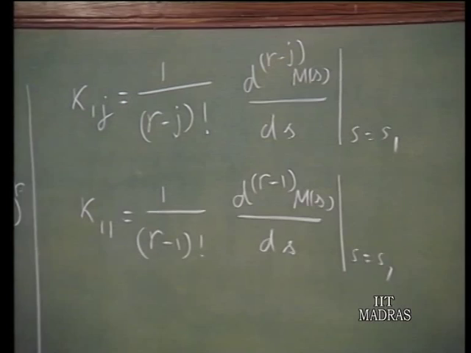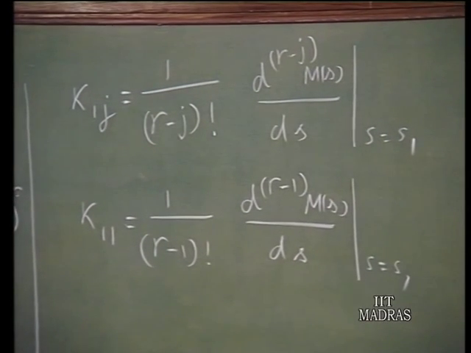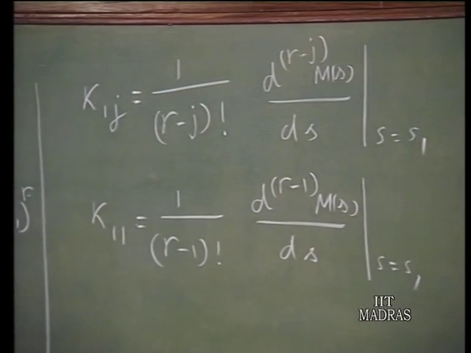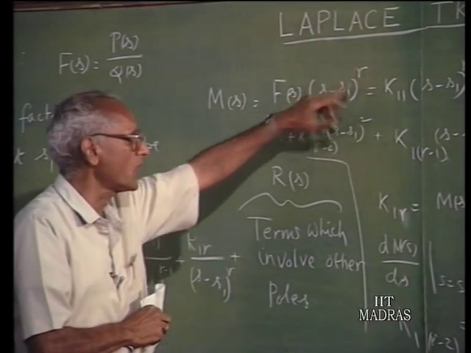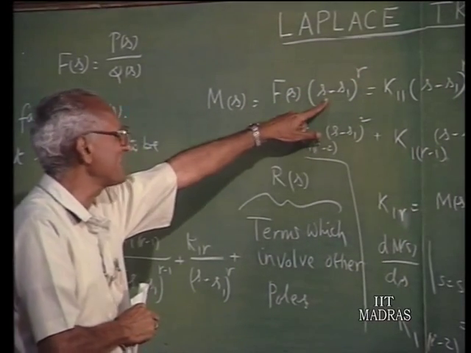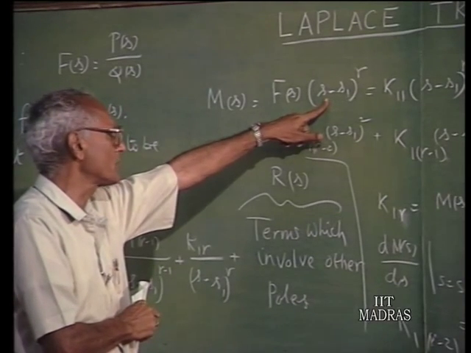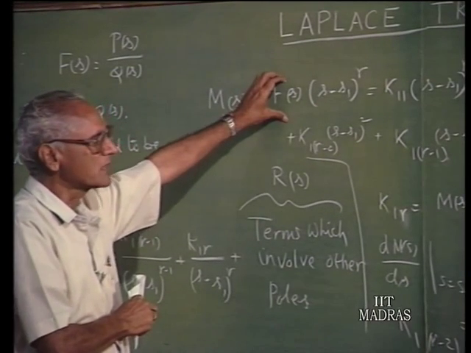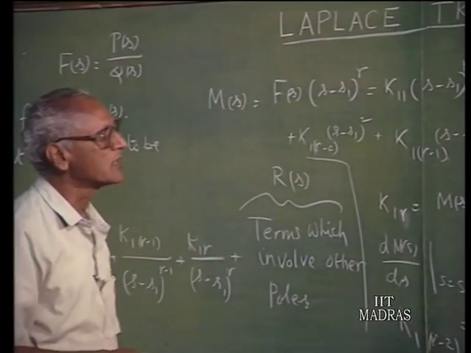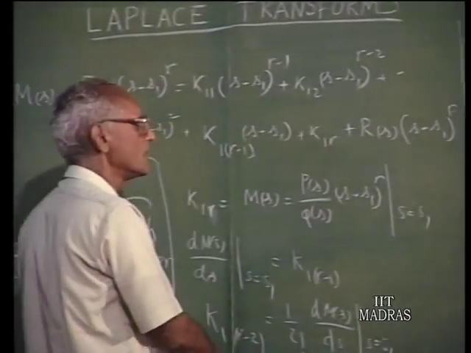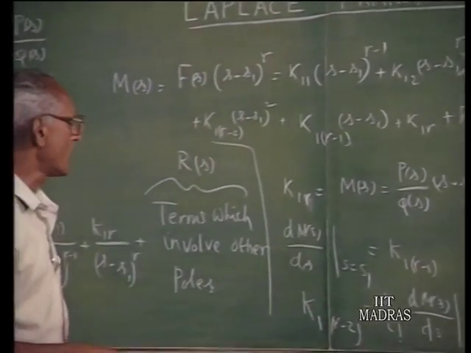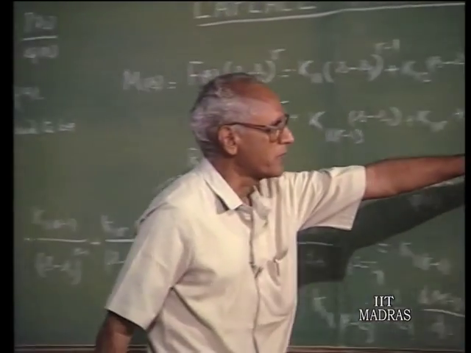Only thing is, when you have a large number of multiple order poles, you have to take successive derivatives of this term m of s, f of s times s minus s1 raised to the power of r. That is, you knock off the term in the denominator, which is s minus s1 raised to the power of r, and for the rest of the rational function you take successive derivatives and substitute at every stage s equals s1. So, you get all the terms in the partial fraction expansion starting from k1r right up to k11.